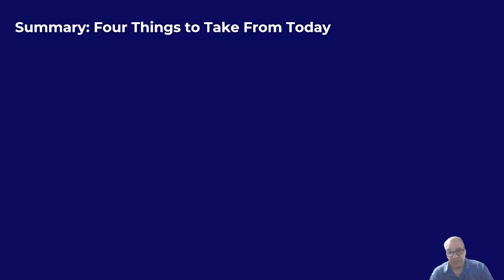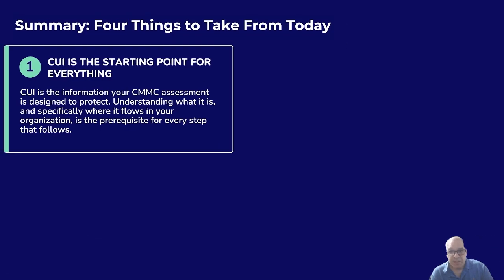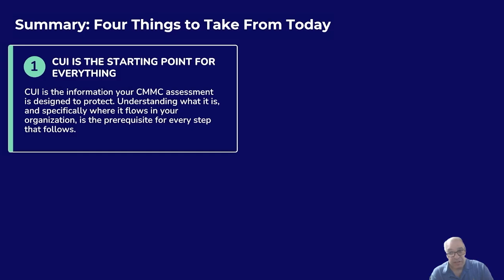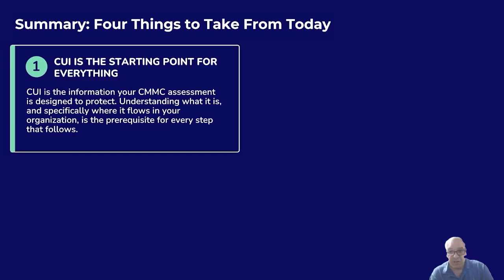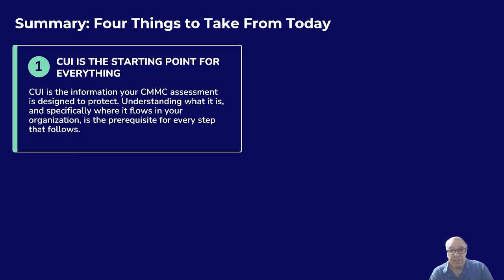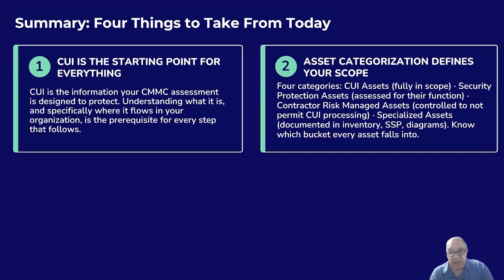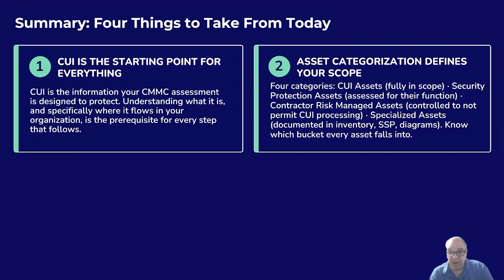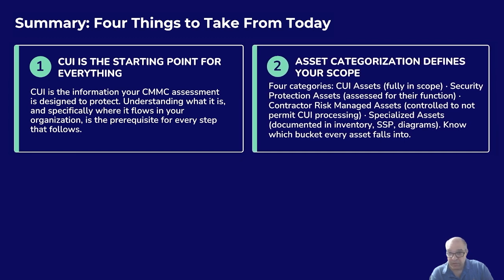4 things to take from today. 1. CUI is the information your CMMC assessment is designed to protect. Understanding what it is and specifically where it flows in your organization is the starting point for everything that follows. 2. Asset categorization is the mechanism for defining your scope. There's 4 categories.